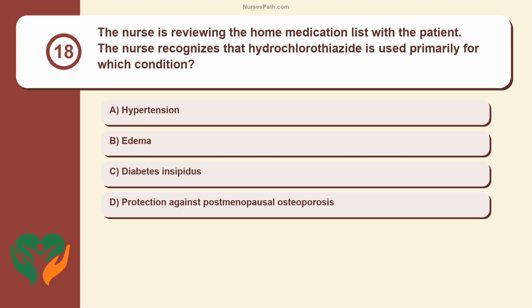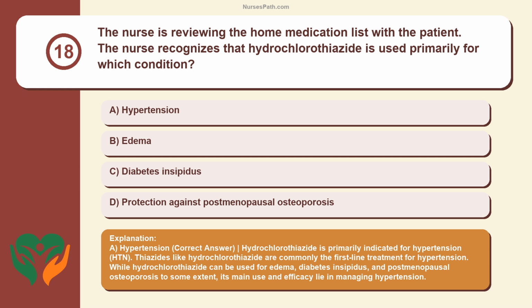Question 18. The nurse is reviewing the home medication list with the patient. The nurse recognizes that hydrochlorothiazide is used primarily for which condition? A. Hypertension. B. Edema. C. Diabetes insipidus. D. Protection against postmenopausal osteoporosis. A. Hypertension.